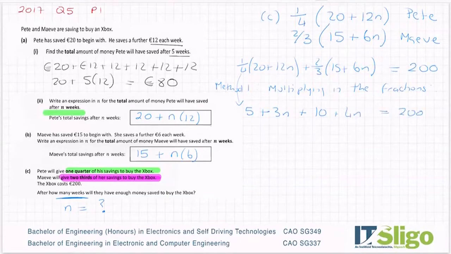5 and 10 is 15, plus 7n is equal to 200. Minus 15 from both sides, because remember, we're solving for n. That's what we need to figure out, how many weeks. So 7n is equal to 185.